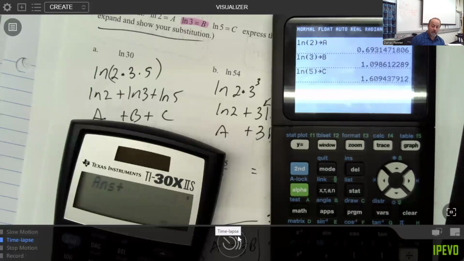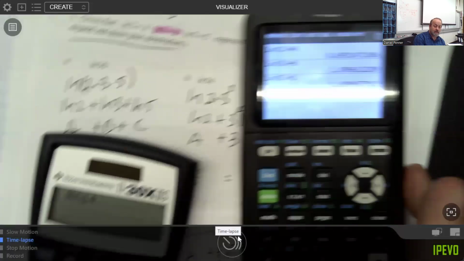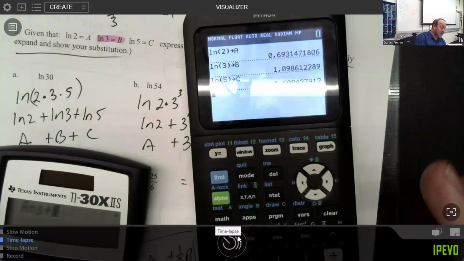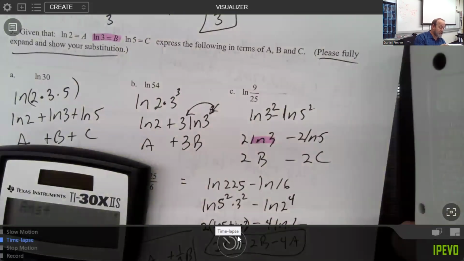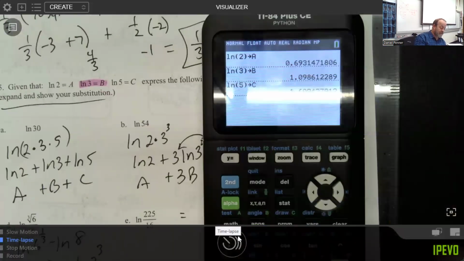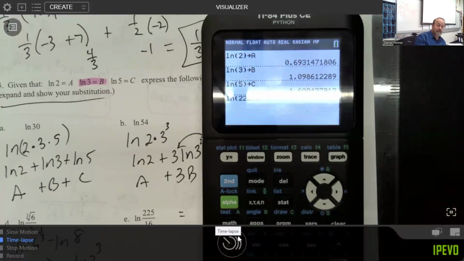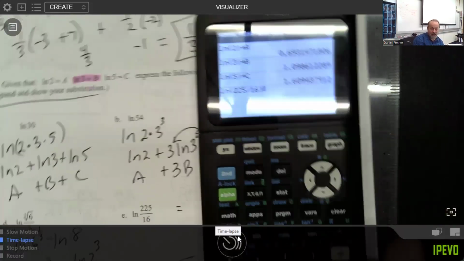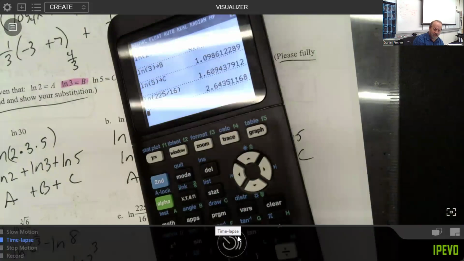Now, again, the beauty of that is that I can check my answers nice and pretty because I could say, well, I have this problem right here that's asking me to take the natural log of 225 sixteenths. Now, that is not an easy number to find. It looks kind of weird.